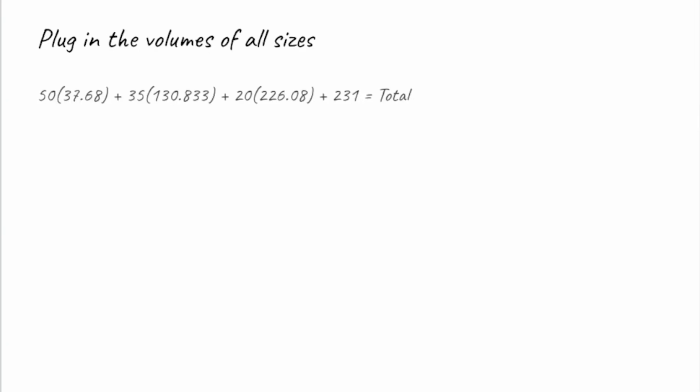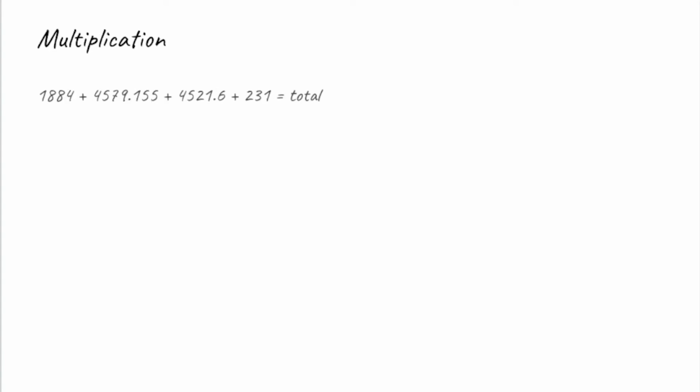Okay, plug in the volumes of all the sizes, and you should get an equation that is 50 times 37.68 plus 35 times 130.833 plus 20 times 226.08 plus 231. Solving this will give you the total amount of ice cream you need.